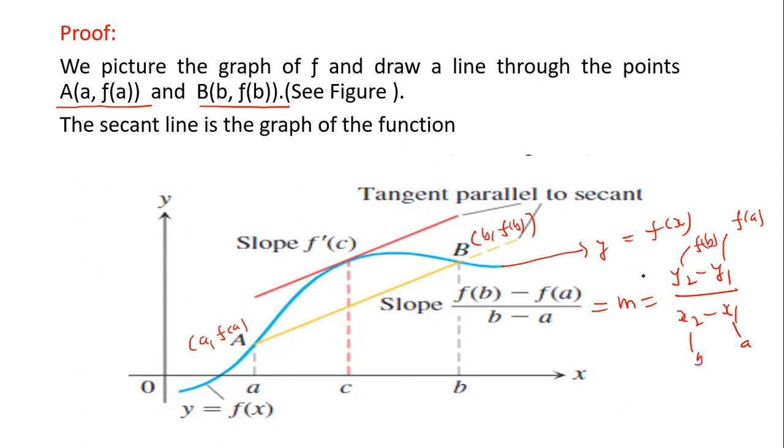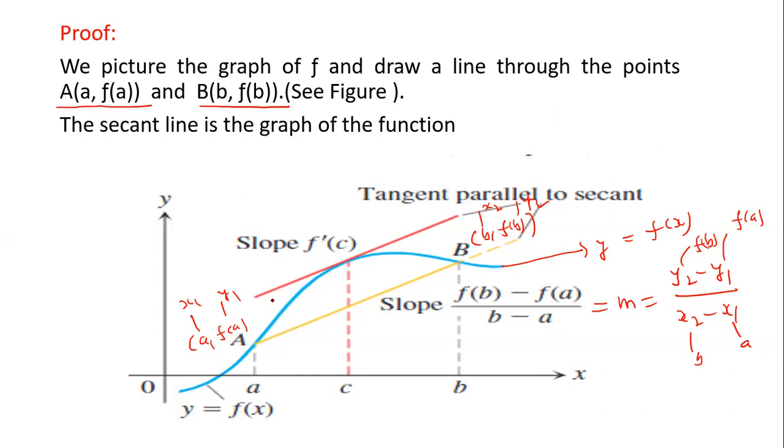If you substitute these values in this formula, m equals y2 minus y1 by x2 minus x1, you will get slope equals f of b minus f of a by b minus a.